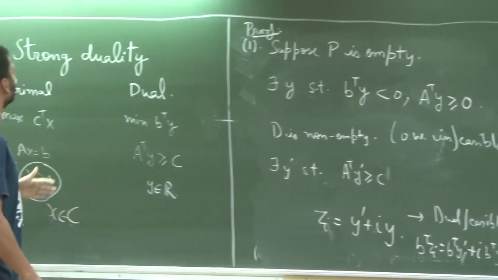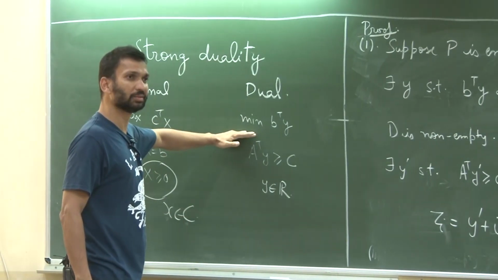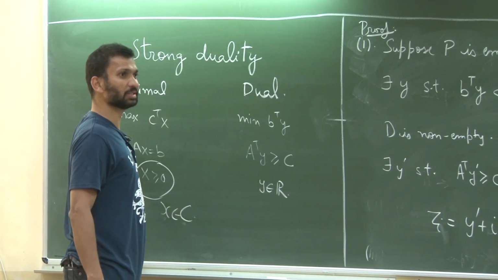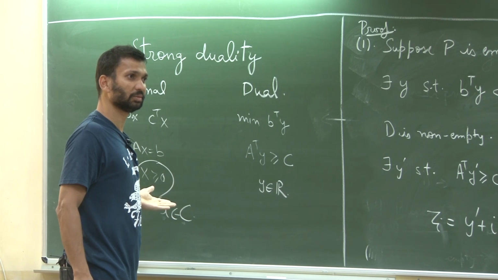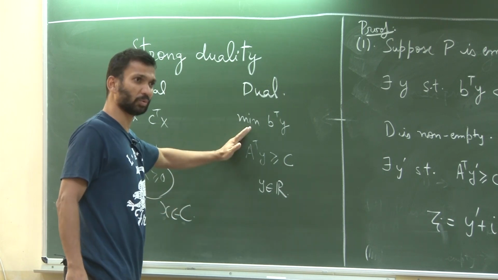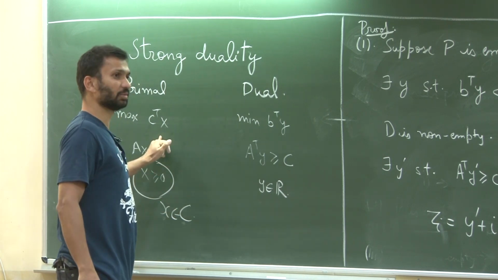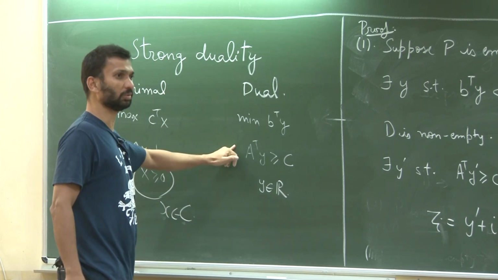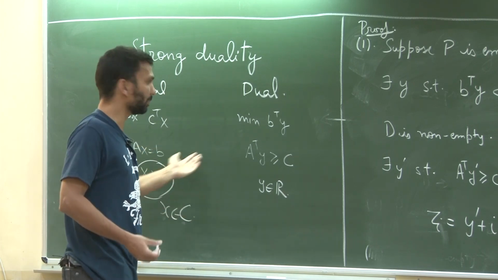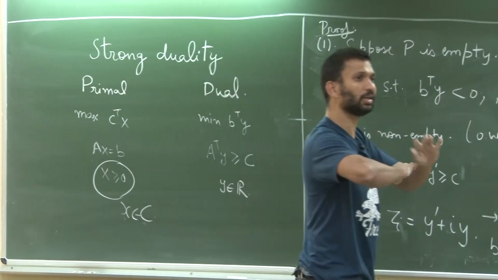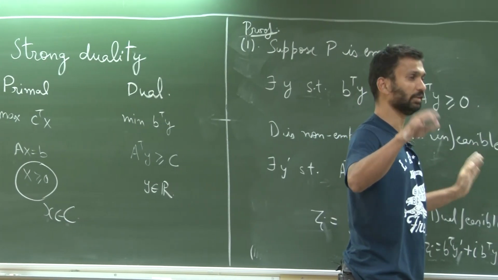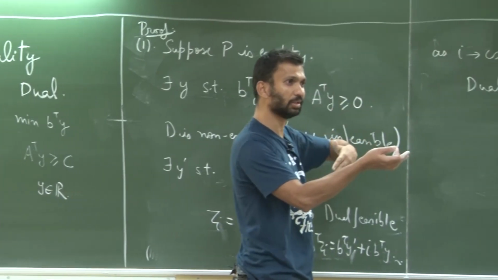And by the way, if dual is unbounded, then clearly primal is infeasible. Right? Why? If dual is unbounded and if there is a feasible primal solution, then I have a lower bound. But I know a lower bound cannot happen because this is unbounded. And we know dual of dual is primal.